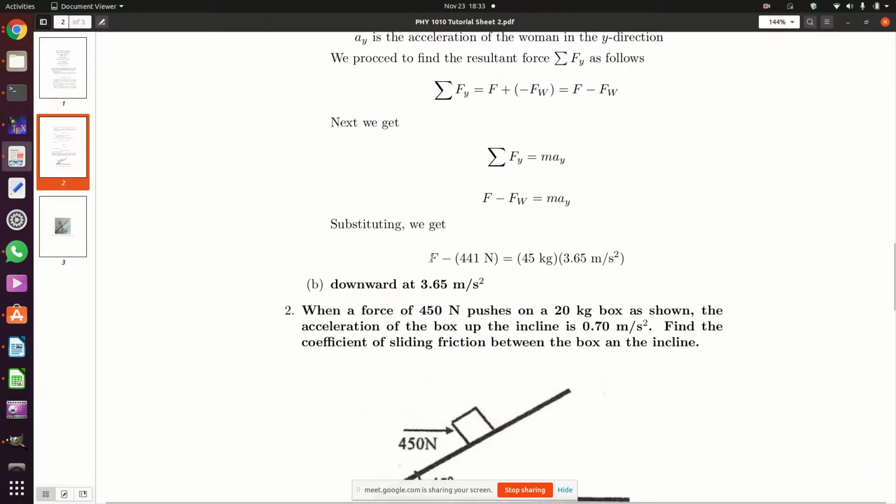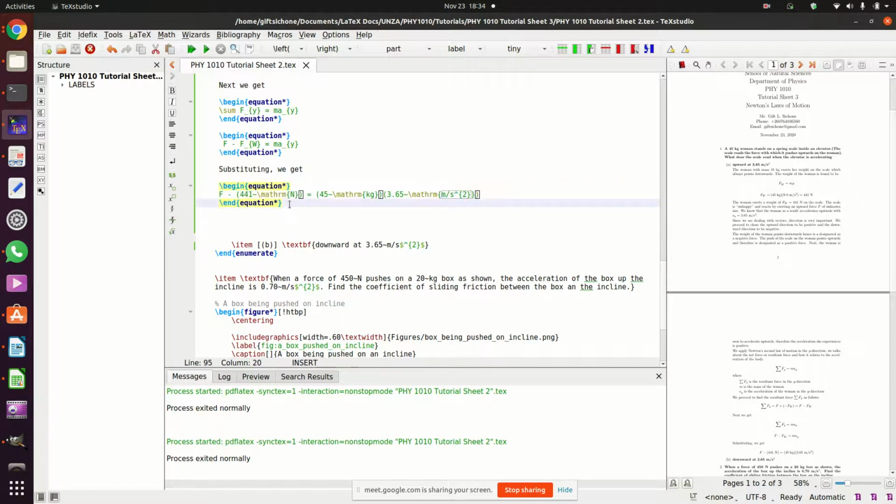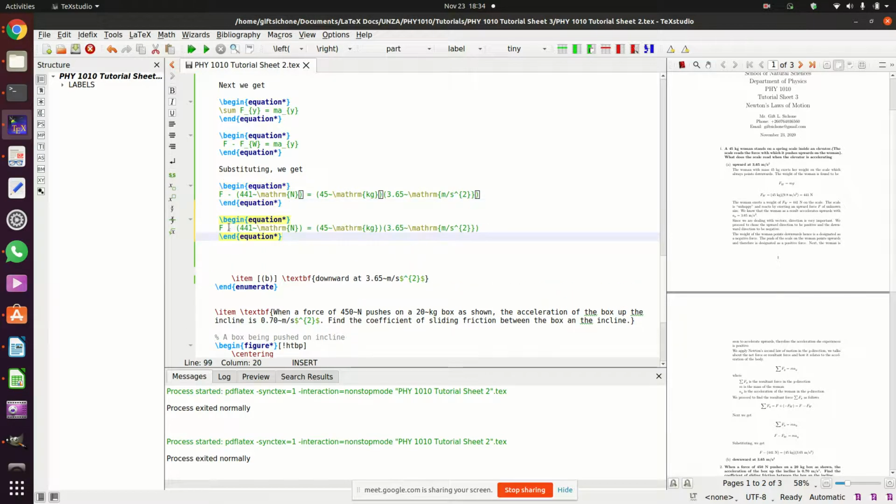So this is what we get. We get F minus these bits, then that bit. We take this bit on the other side. We end up having it becomes positive, or plus.